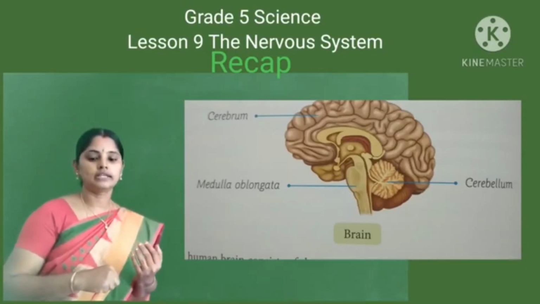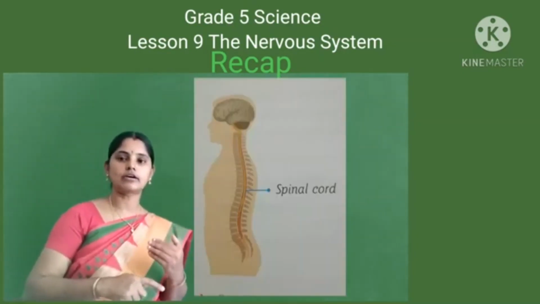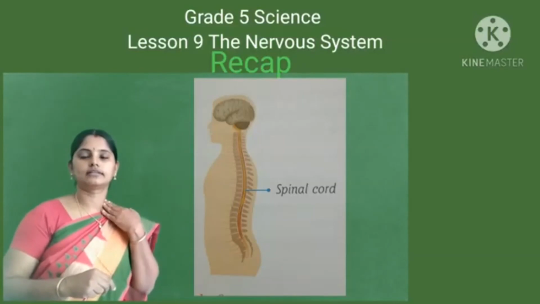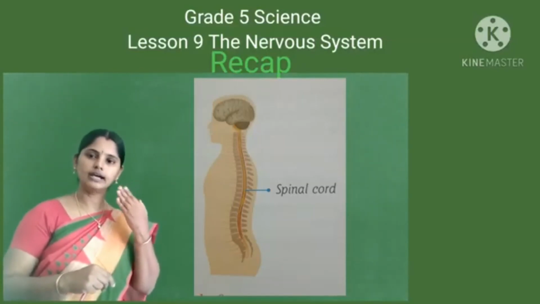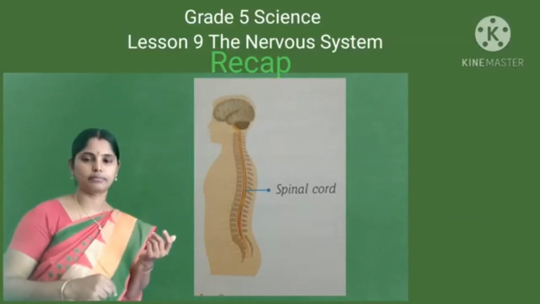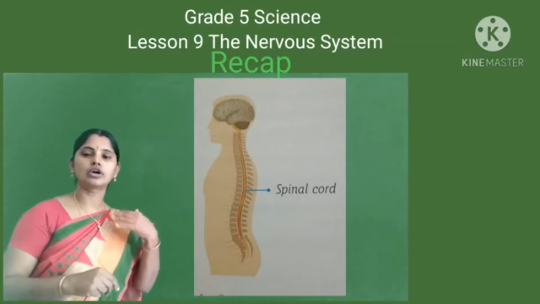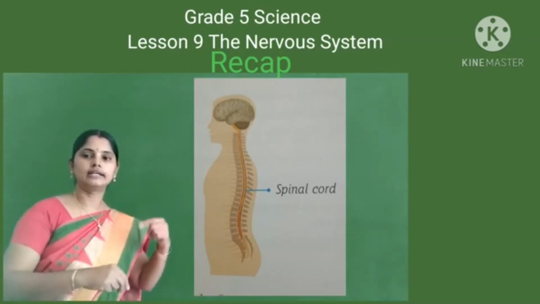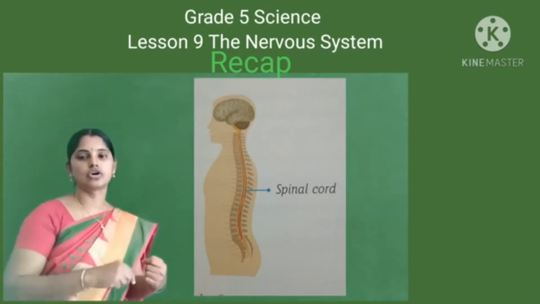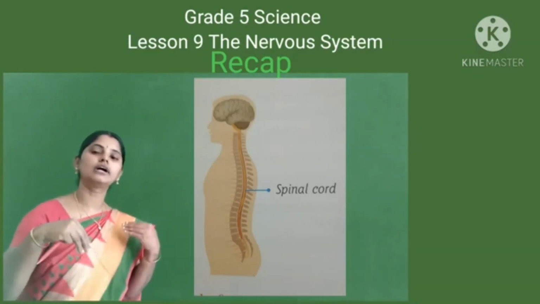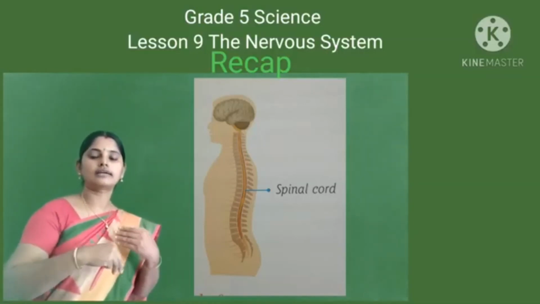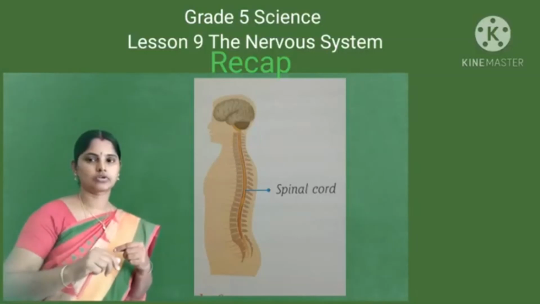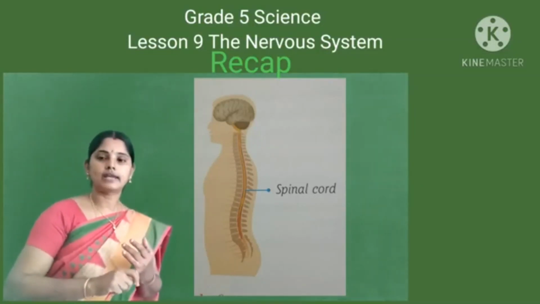Then if we come to the spinal cord, the neck and head nerves are directly connected to the brain, whereas the nerves of all the lower parts of the body, legs and hands, are connected to the spinal cord, then to the brain.